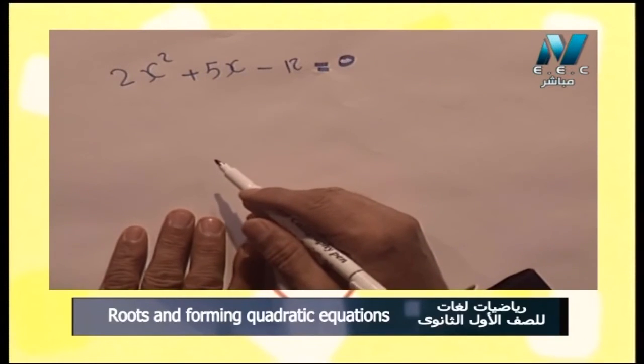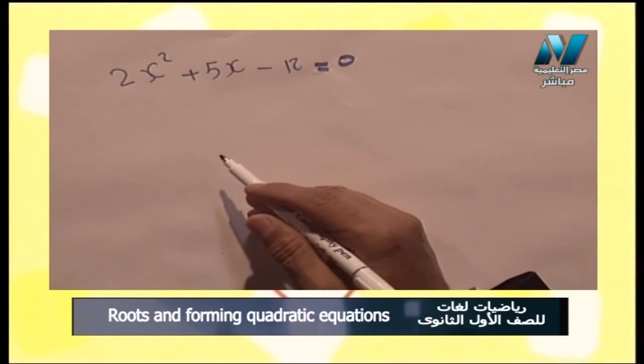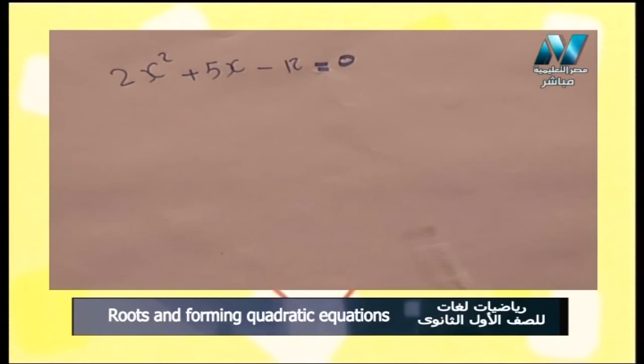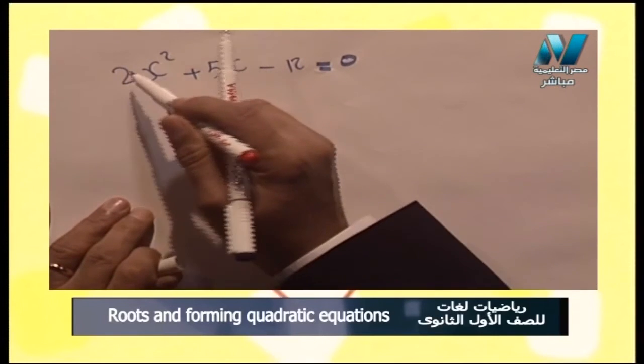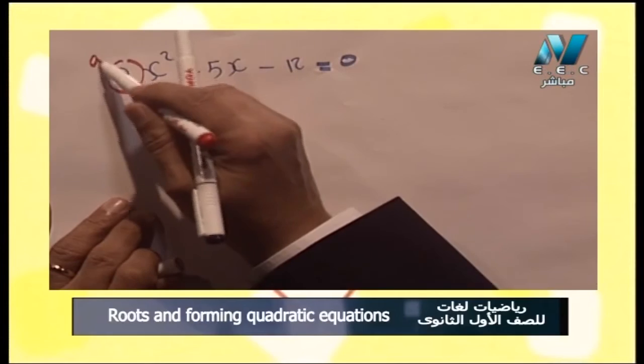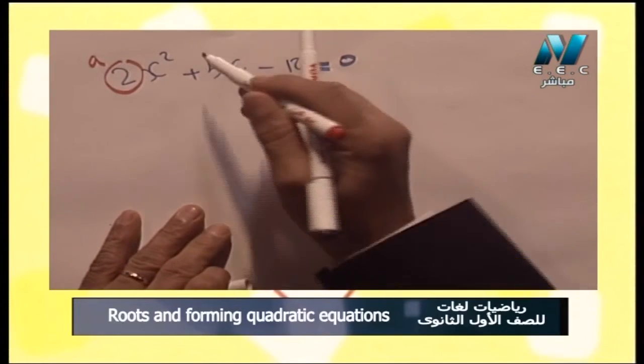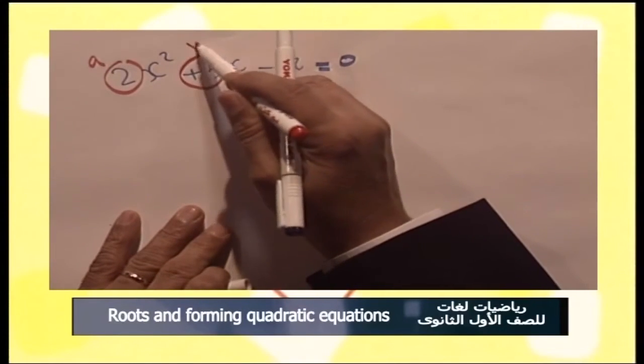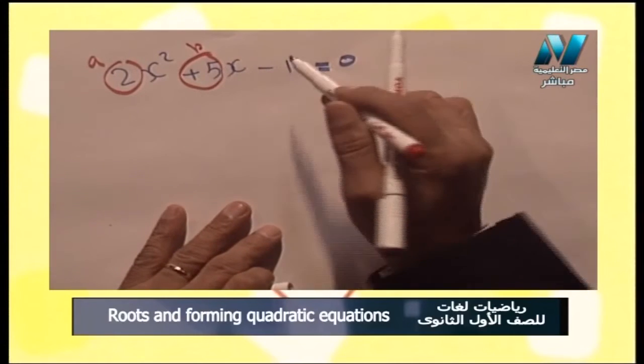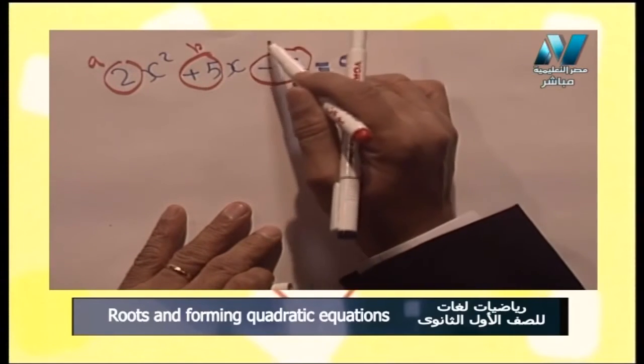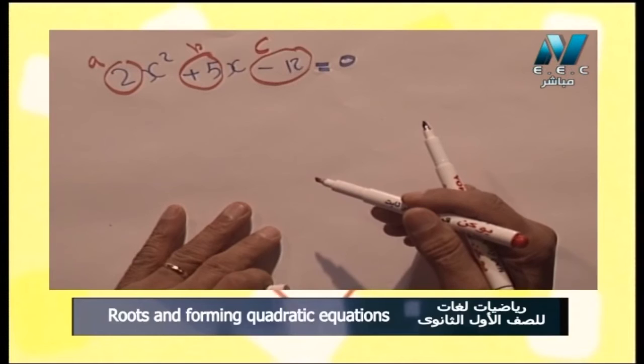It is the equation, and we know that a is the coefficient of x power 2, which is 2. And b here is positive 5, and c, the absolute term, equals negative 12.